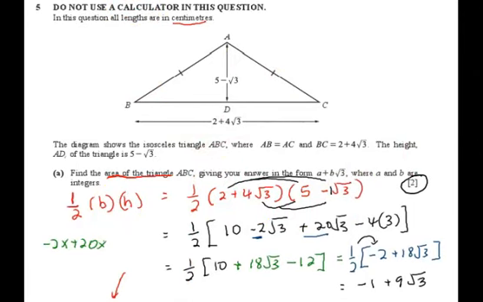Now they want the angle B, right? So what we can do, this is the angle that they are asking. So if they are asking for tangent ABC, it means they are asking the opposite, AD, over the adjacent of this angle, which is the BD only.